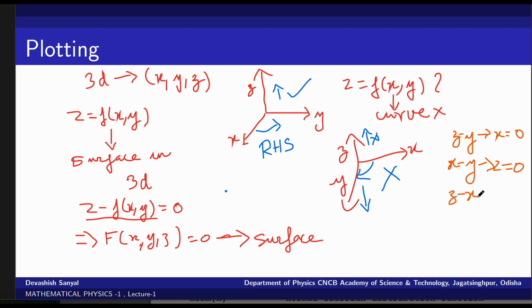On the zx plane, which coordinate is 0? The y coordinate is 0. Okay, this you should remember. This is the zx plane, a flat surface. On this plane, y is equal to 0. On the xy plane, z is equal to 0.